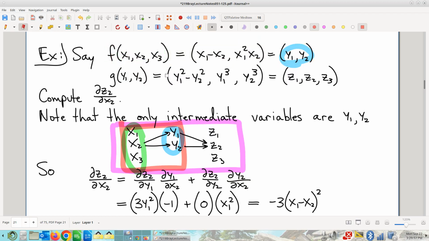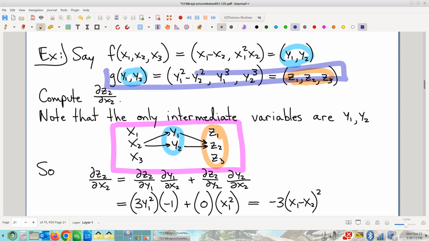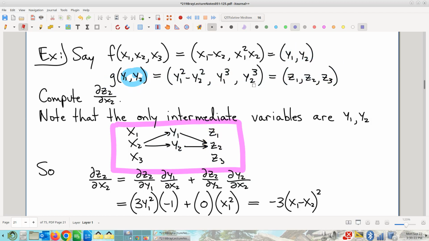Those outputs from the first function are the inputs to the second function, whose outputs are then these. And so this second function shows up like this. Right, and all together then, now I have a single diagram that sort of keeps track of everything.